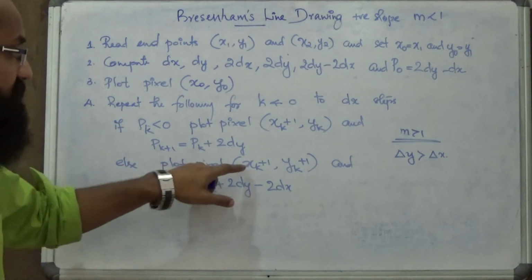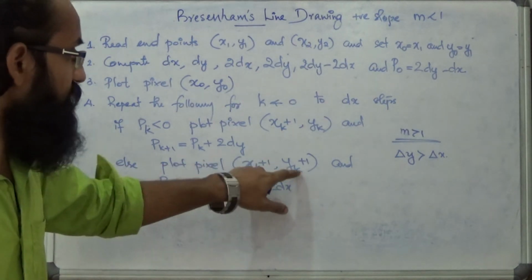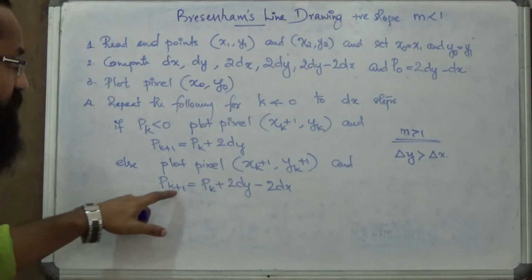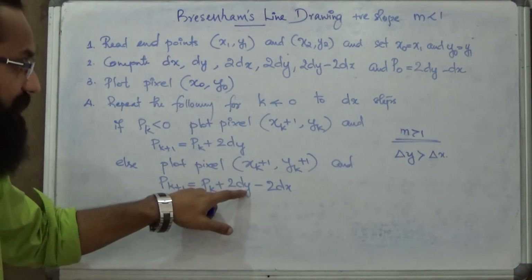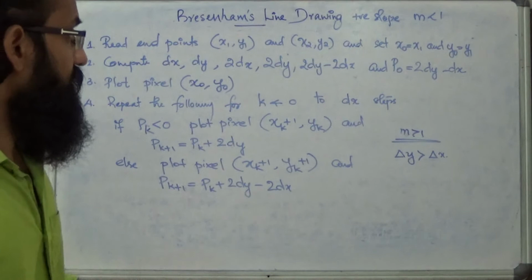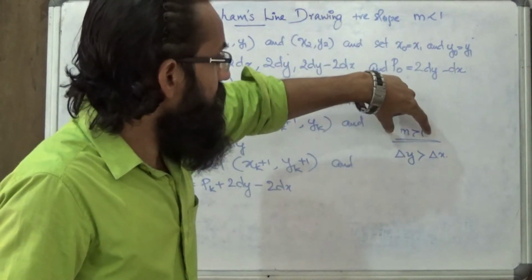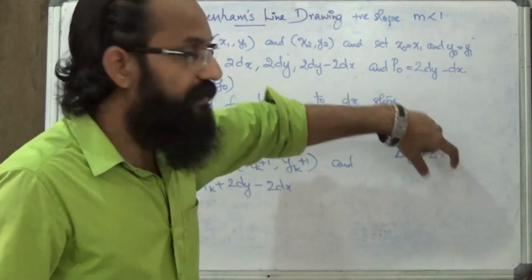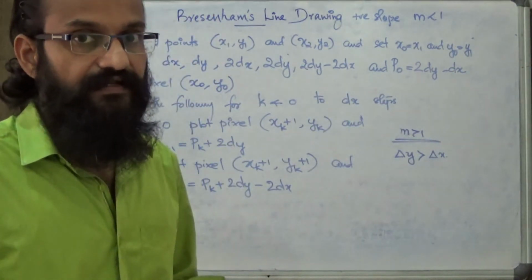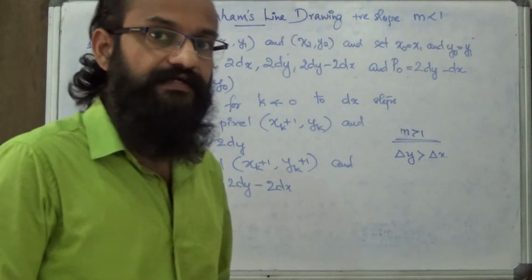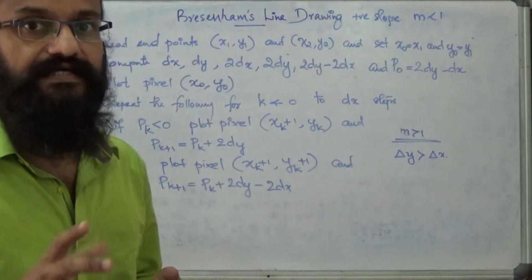Otherwise, plot the pixel xk plus 1, yk plus 1, and the new decision parameter will be pk plus 2 dx minus 2 dy. That is for a line with positive slope and m greater than 1, that is delta y greater than delta x. If delta y is greater than delta x, interchange the roles of x and y.